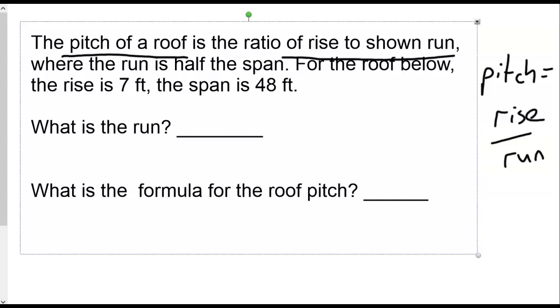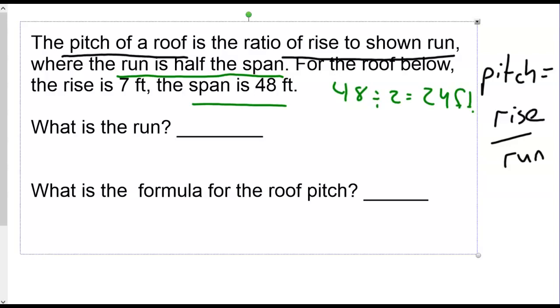Okay, so half the span of what? Well, when we go on to keep reading, we see that the span is 48 feet. So we're going to need to remember that the run, and I'm going to try this in a different color, see if this works. All right, the run is half the span. So we say, okay, if we see that the span is 48 feet, we can say 48 feet divided in half is going to be 24 feet.